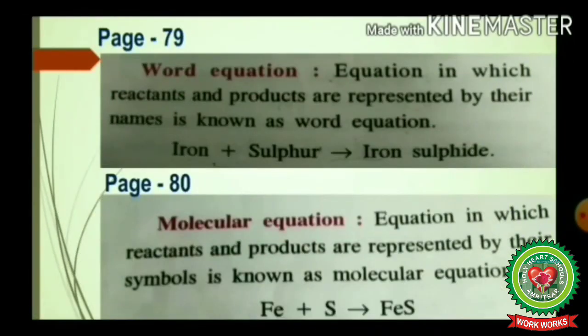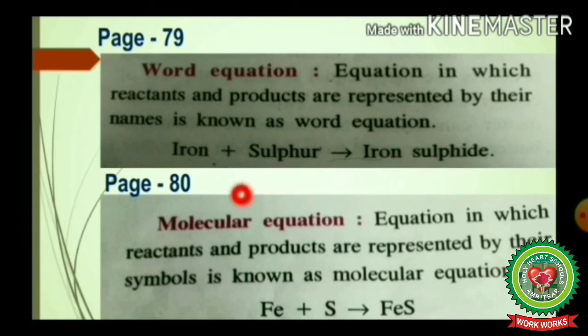Now students, let's start reading of page number 79, word equation. Equation in which reactants and products are represented by their names is known as word equation. For example, iron plus sulfur to form iron sulfide.